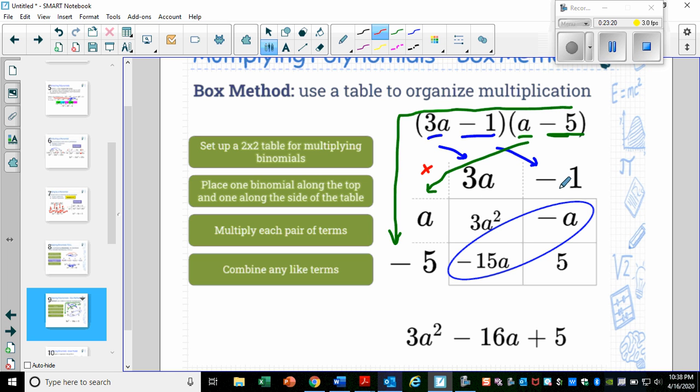Negative a times negative 1. It's negative a, even though you don't see it. You'd say negative 1a. Negative 5 times positive 3a, negative 15a. Negative 5 times negative 1 is positive 5.